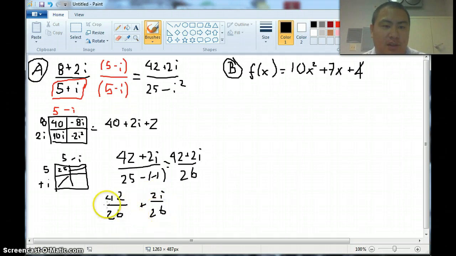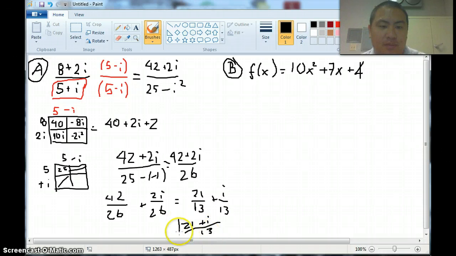Now 42 over 26 can reduce down to 21 over 13, and then 2i over 26 can break down to i over 13. So in other words, you end up with (21 plus i) over 13. And that's it.